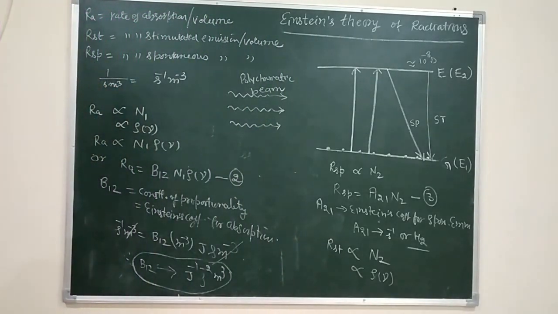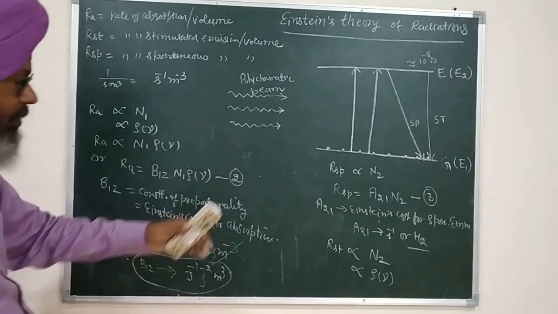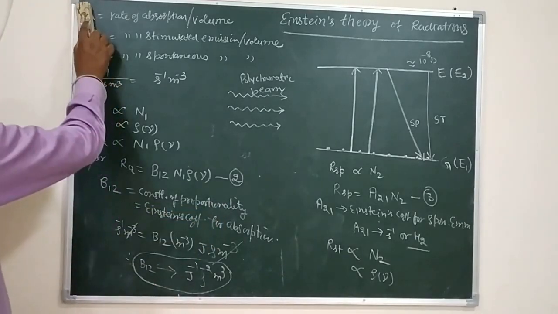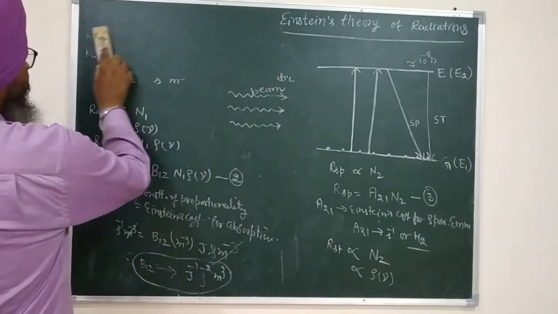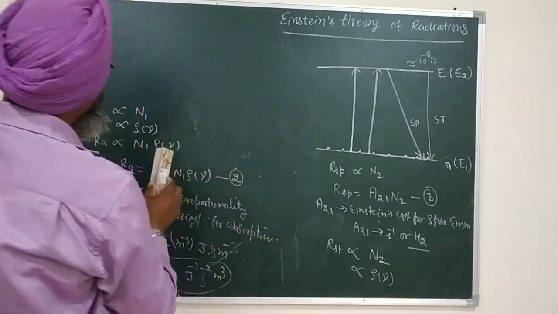Just as we formed relation 2 for absorption, in the same way I can form the relation for stimulated emission. I do not need this part of the diagram, so I am going to erase it.